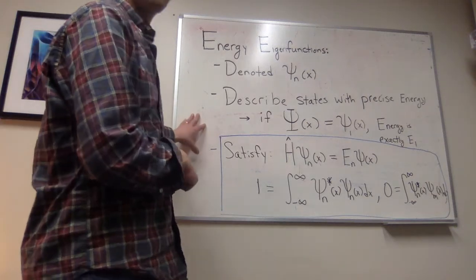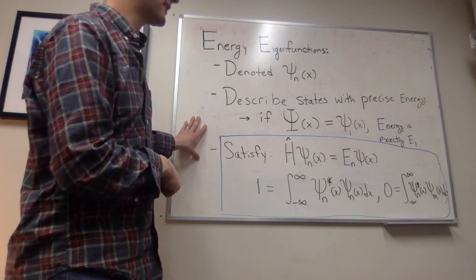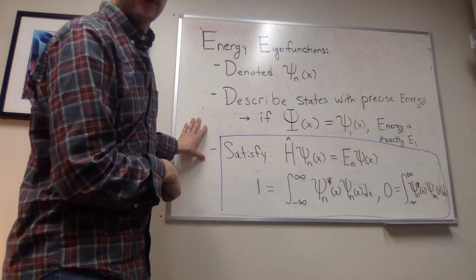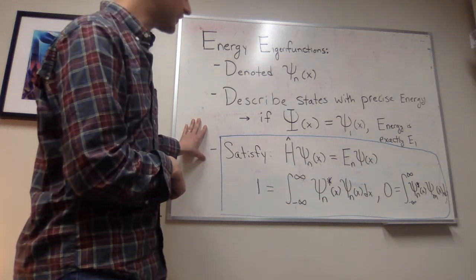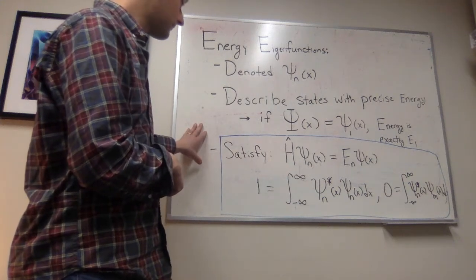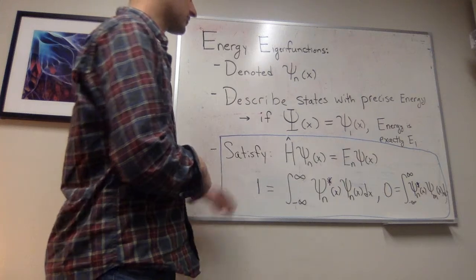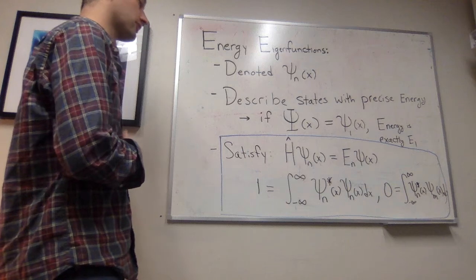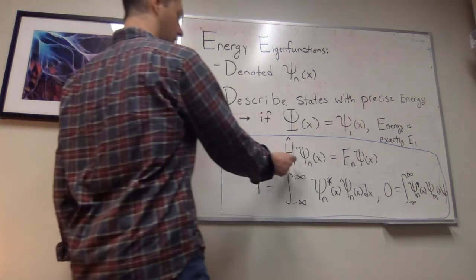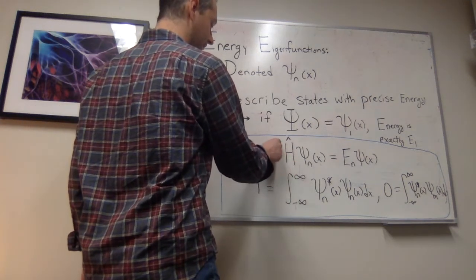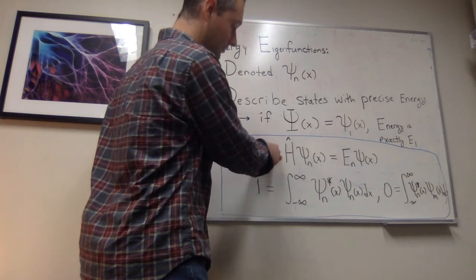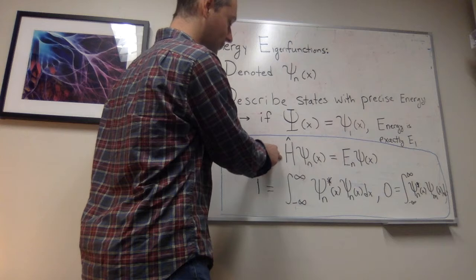A couple more things mathematically that are important about the energy eigenfunctions, and this is what we're going to apply to compute the expectation values. Number one, the energy eigenfunctions satisfy this equation, which is known as the time-independent Schrodinger equation. On the left-hand side, I have H hat, which is an operator related to energy. It's the energy operator.